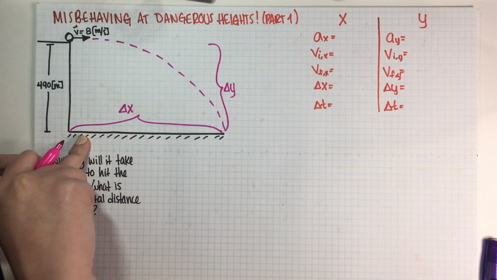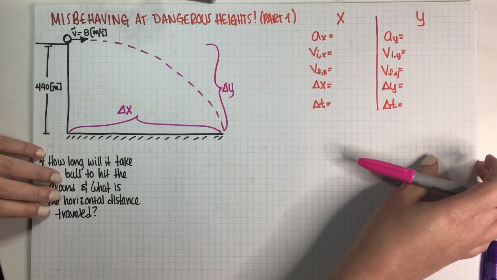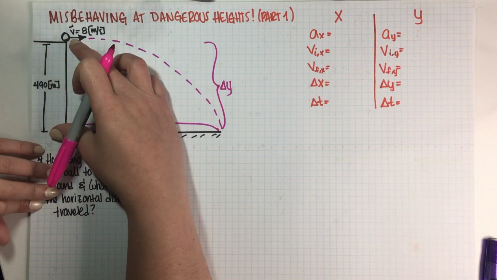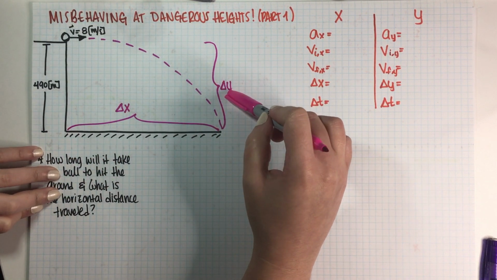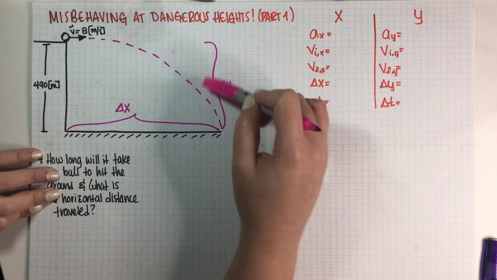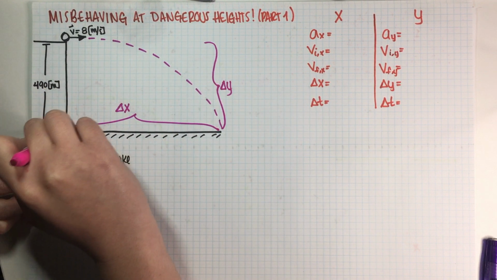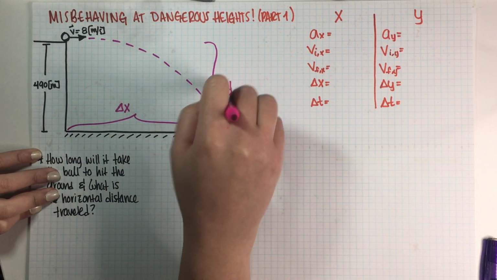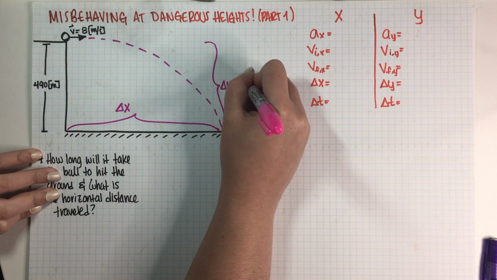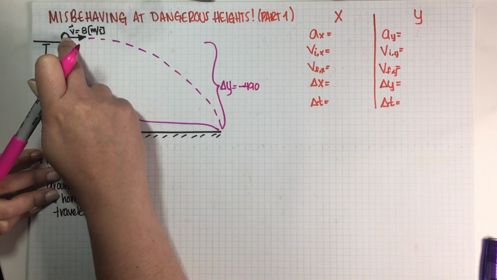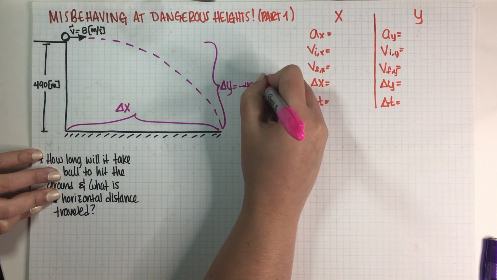But the first thing that I'm gonna note over here, and this is a very common mistake, is that yes, this height is 490 meters, but when it comes to delta y, final minus initial, it really doesn't matter where you're saying y is equal to 0, but you travel 490 meters down. So this is negative 490. The ball went from up to down, so you went down 490 meters.